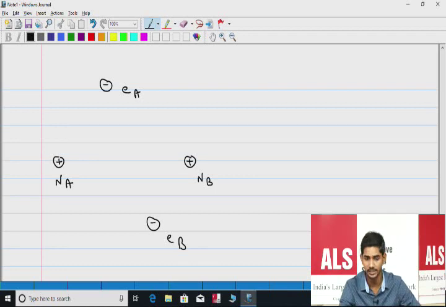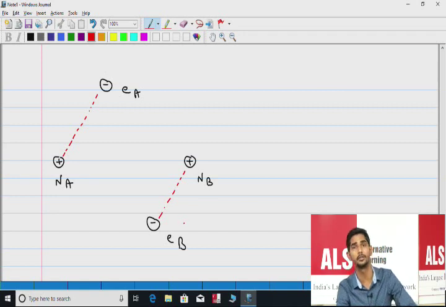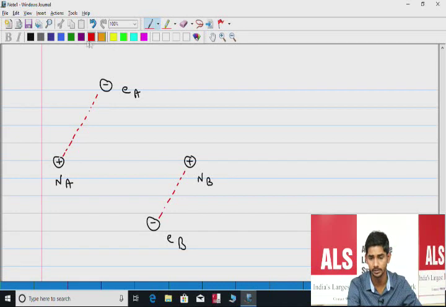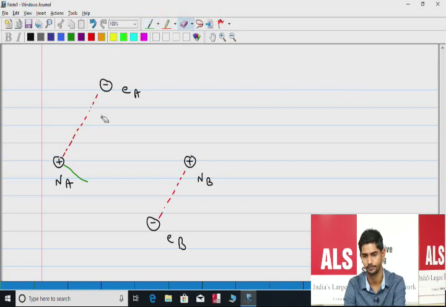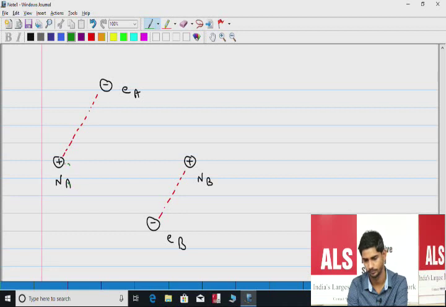Okay, look at this. See, this is your attractive force. This is your attractive force. Okay, these are the old attractive forces between the nucleus of A and electron of A, and electron of B and nucleus of B. If I talk about the new attractive forces, these are the new attractive forces.